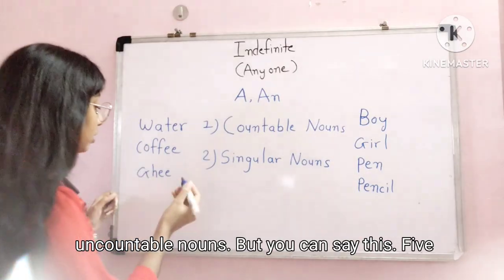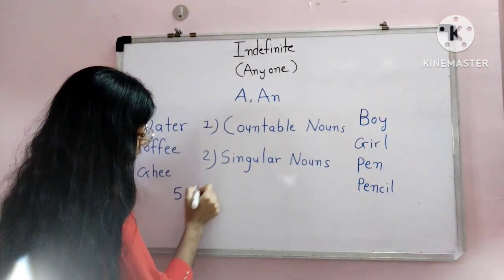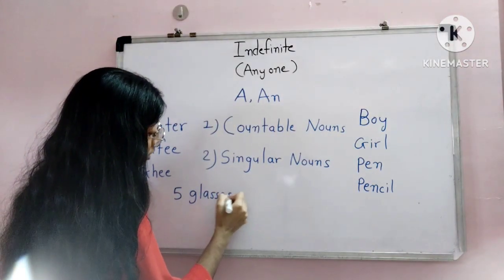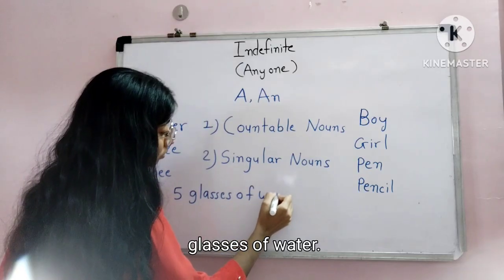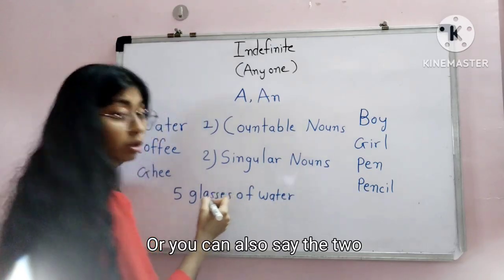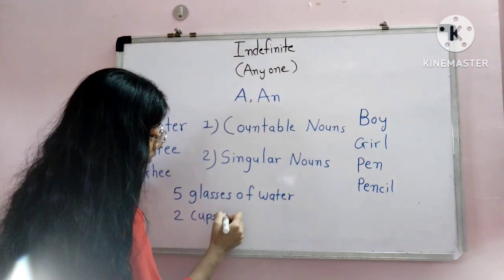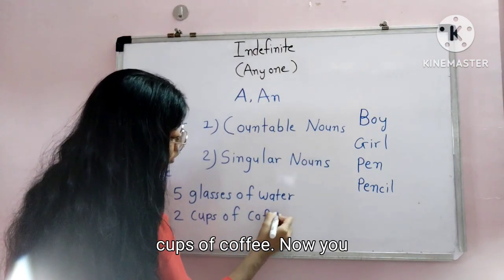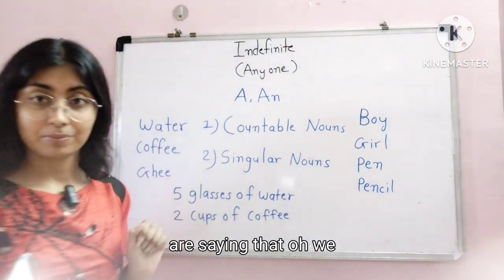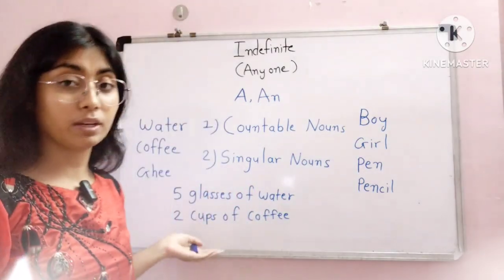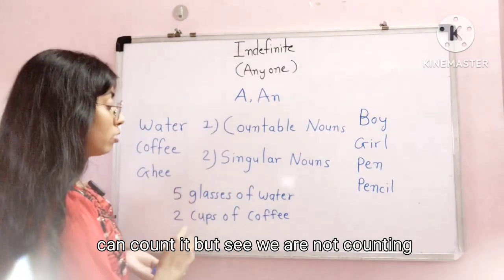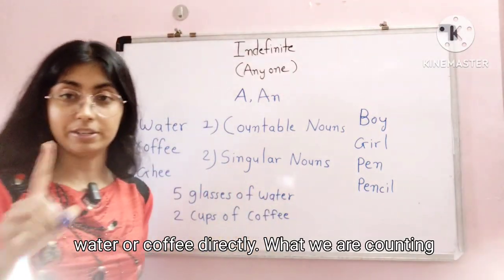But you can say this: 5 glasses of water. Or you can also say 2 cups of coffee. Now you're saying that, oh, we can count it. But see, we are not counting water or coffee directly.